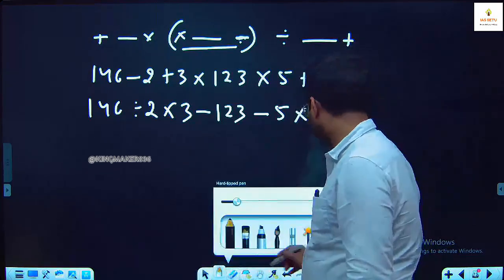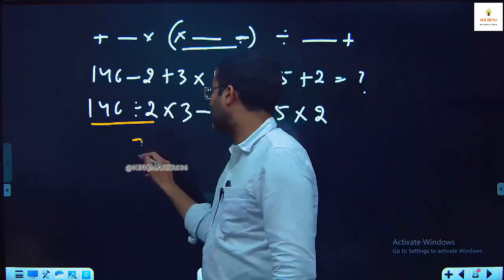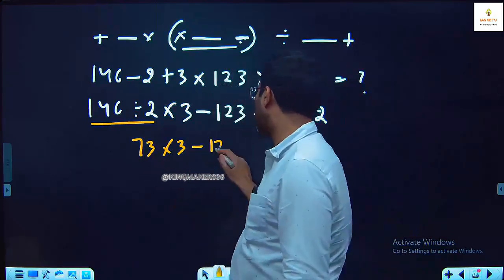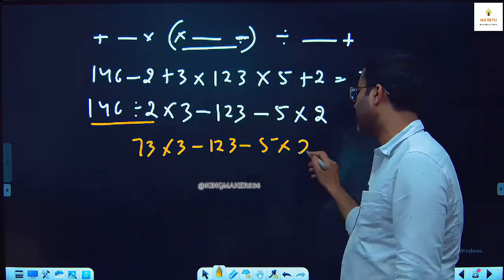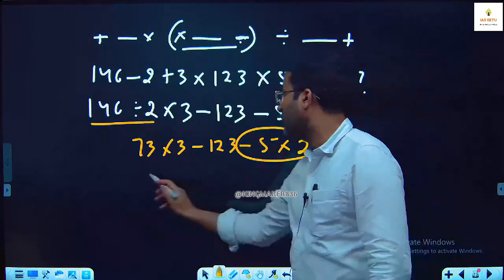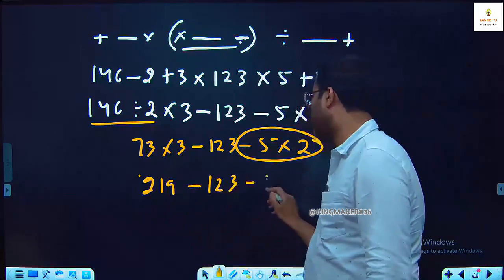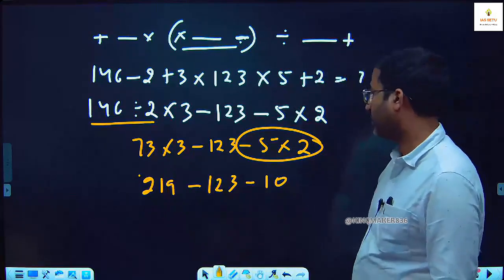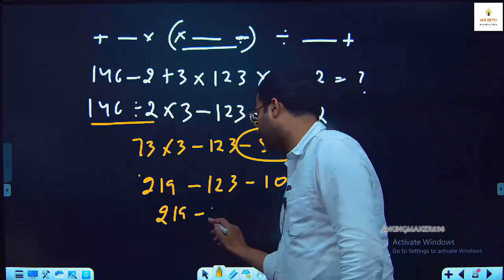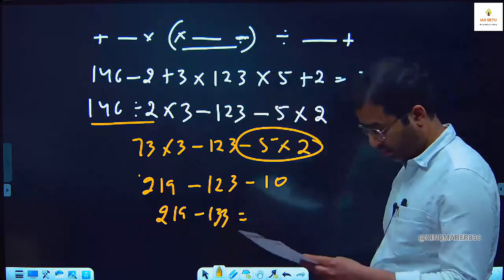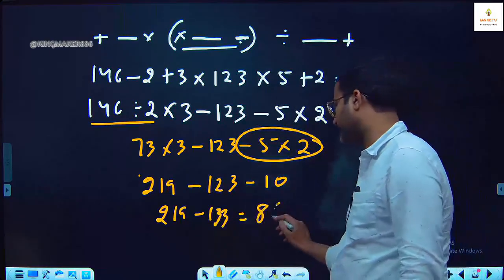So what we will do first division now? 73 into 3 minus 123 minus 5 into 2, then multiplication 73 into 3 219 minus 123 minus 10, 219 minus 133, so it will come 86.